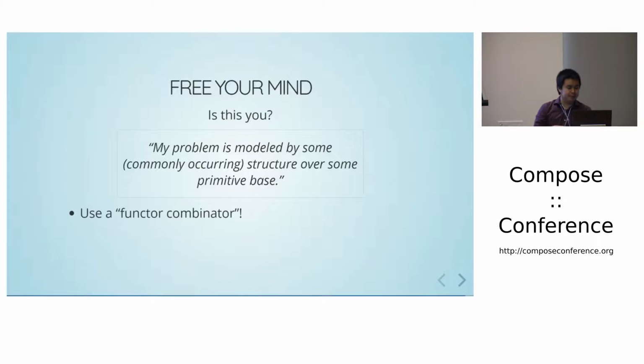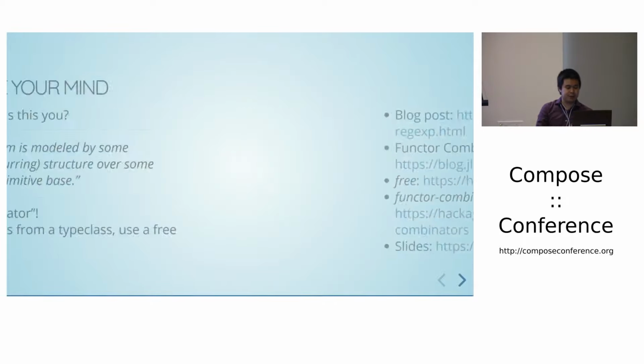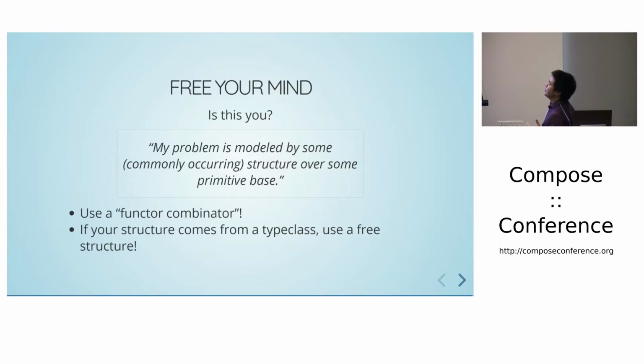If it comes from a type class, you can use a free structure. So in the end, the overall feature is that you can use a function combinator to enhance your primitive base with that structure. And if that structure comes from a type class, you can just use the free structure. And the free library has a bunch of them: monad, comonad, free alternative, applicative, and transformers has a few too.